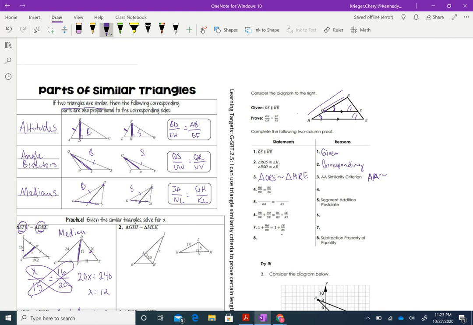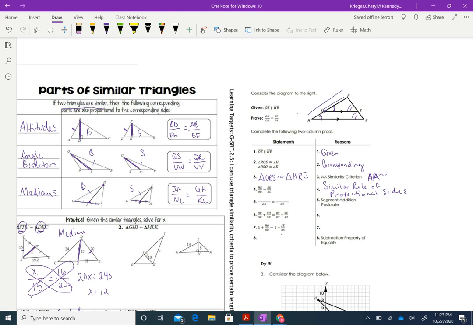So this is the similarity rule of proportional sides, which makes sense. They're just saying that given a proportion, we can say that the sides are similar. So that's the similarity rule of proportional sides, which just sounds like a bunch of nonsense, but you never know what to expect on your EOC. Okay.